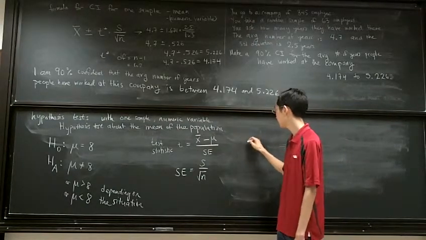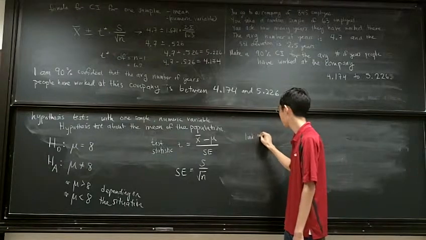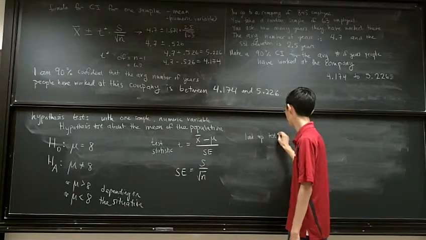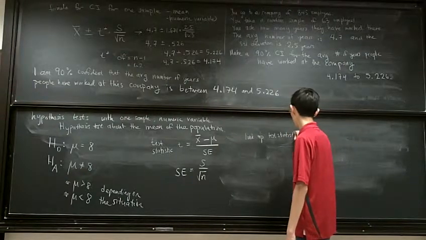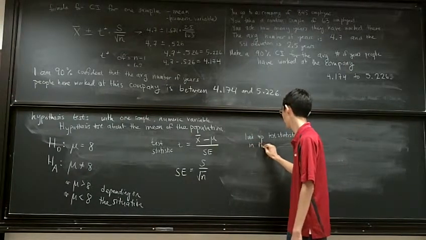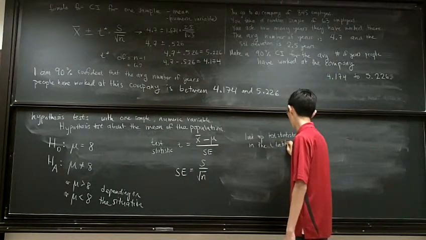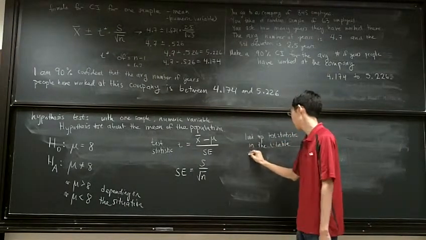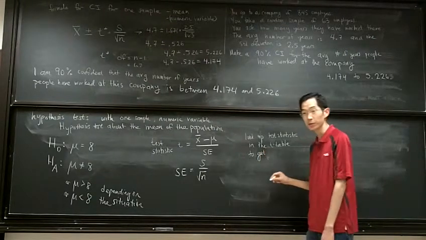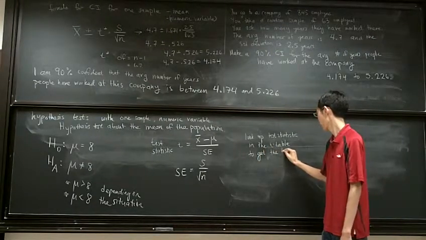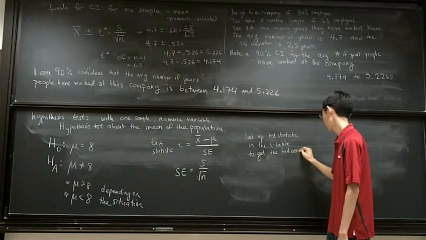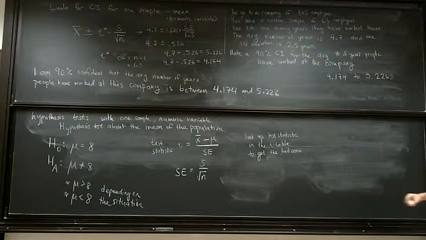The next thing we do in the process is look up the test statistic in the t-table to get the tail area, which we learned how to do already. Once you have your tail area, you leave it as is for your p-value, or you double it to get your p-value.